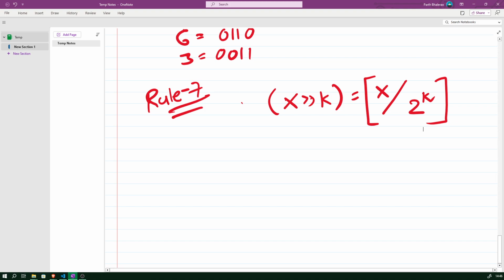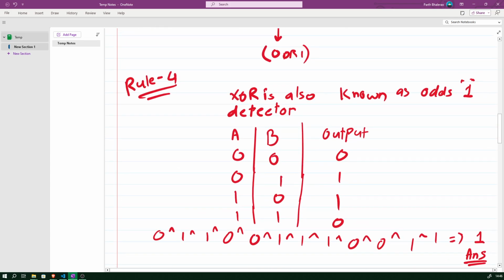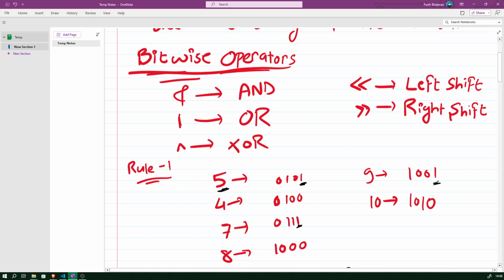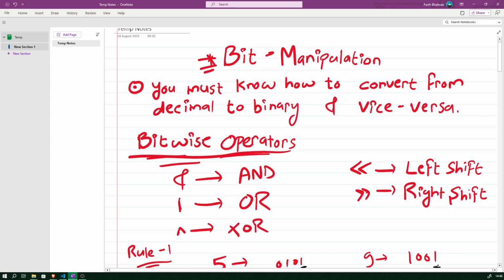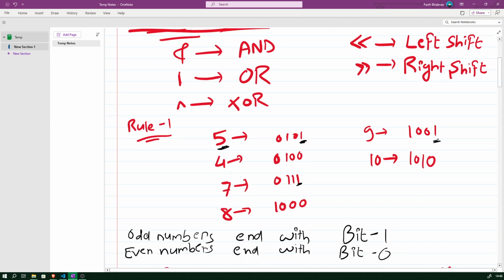So basically these were the 7 rules which I wanted to discuss with you as far as this video is concerned. First we discussed some bitwise operators like AND, OR, XOR, left shift, right shift. Then what was rule number 1?